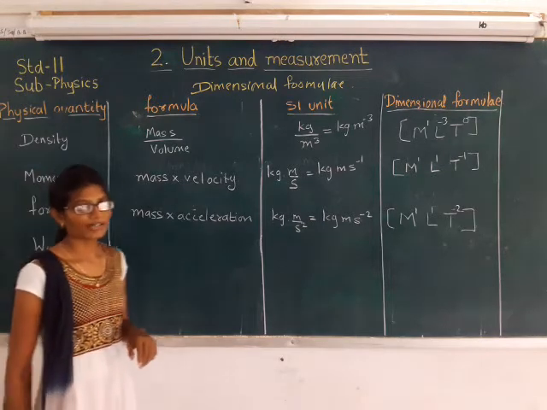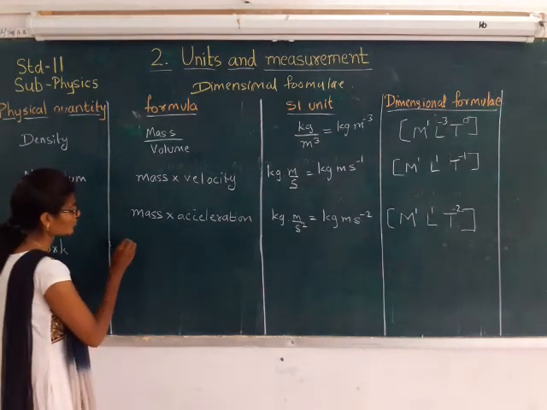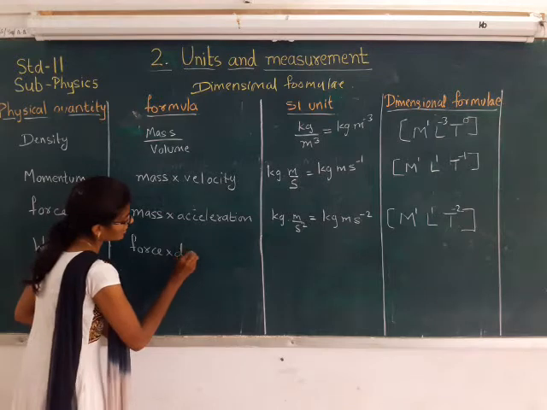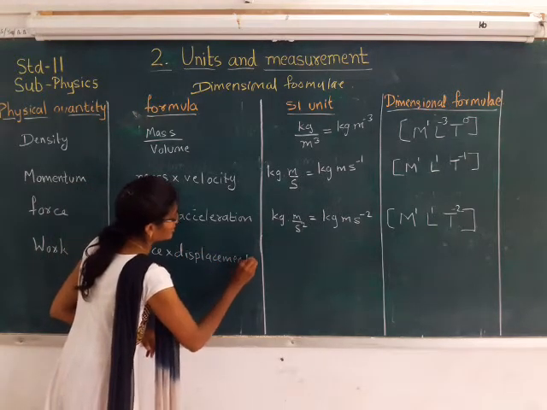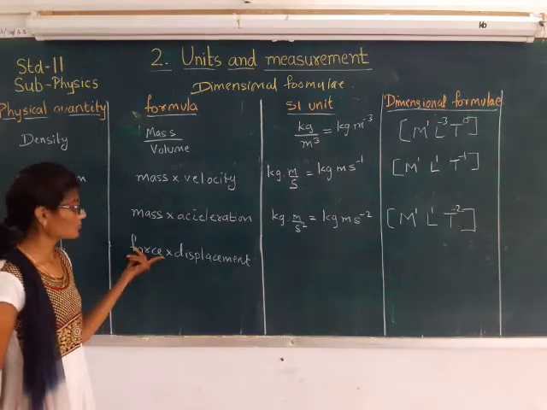Next is work. Let us find the dimensional formula for work. And the formula for work is force into displacement, right? Now see, we need to write first the unit of force.